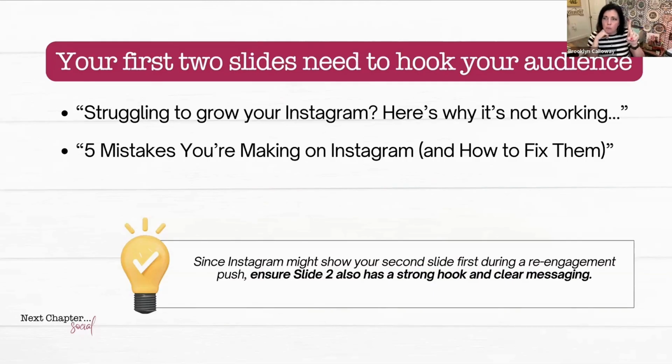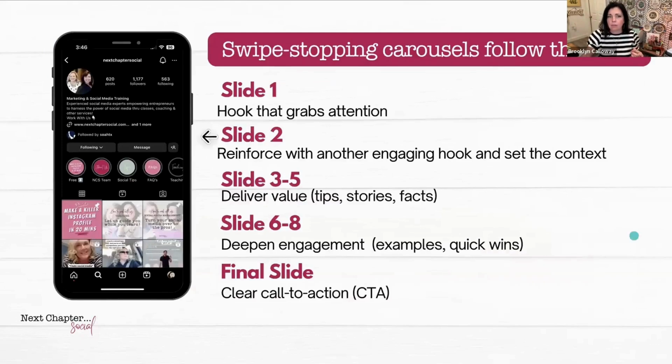But if someone doesn't interact with it in the first 24 hours, Instagram scrolls to the second slide and shows it to them again. It's called retargeting. This is the key thing that Instagram is doing that shows us they value carousels so much, because they not only show it once, they show it twice. And that's why on the first slide, you have to have a hook that grabs attention.